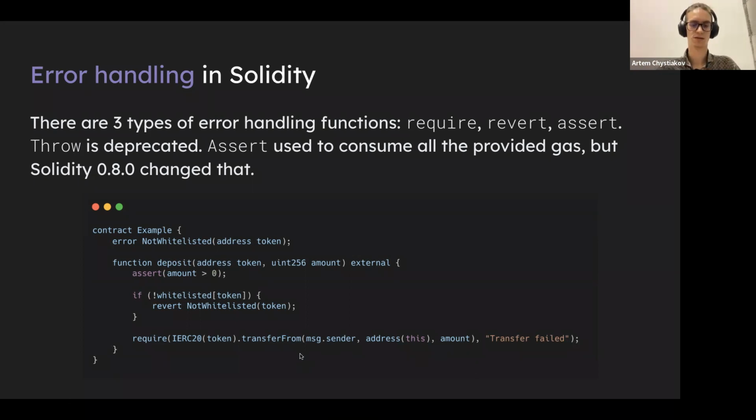By specification, ERC20 transfer functions return true if they are successful and return false if they are not. But this is usually omitted because 99.9% of tokens revert if something went wrong.